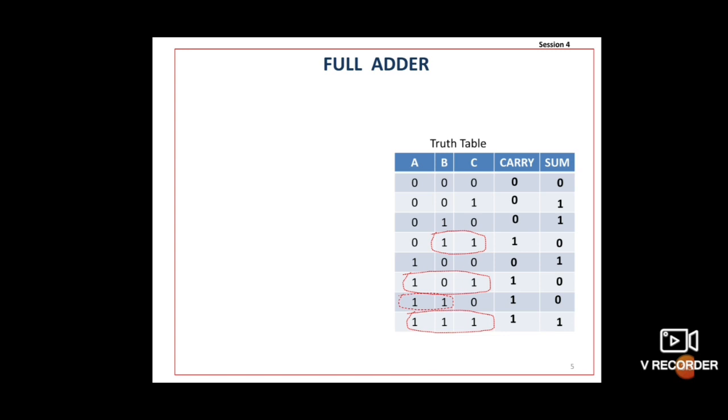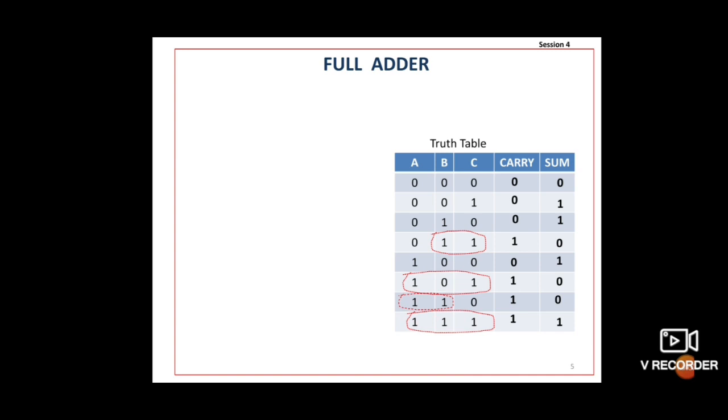When BC, AC, AB and ABC are 1, for this combination we can connect 3 AND gates. For BC connect 1 AND gate, for AC connect 1 AND gate, and for AB connect 1 AND gate, and for the last one, 1 1 1, connect 1 AND gate.